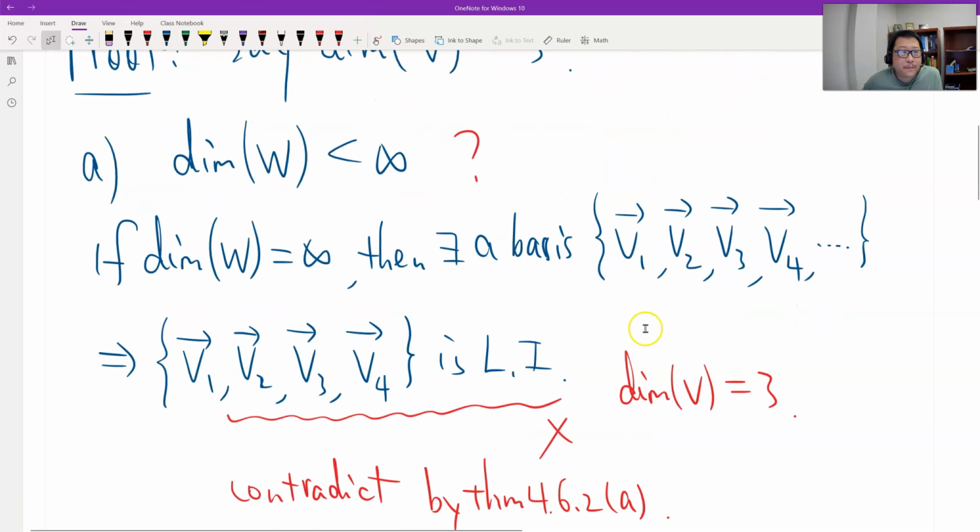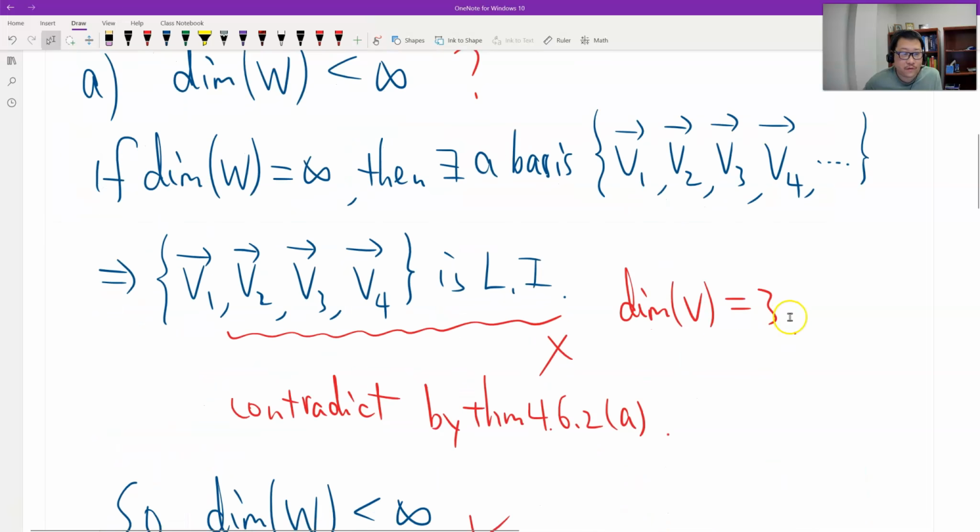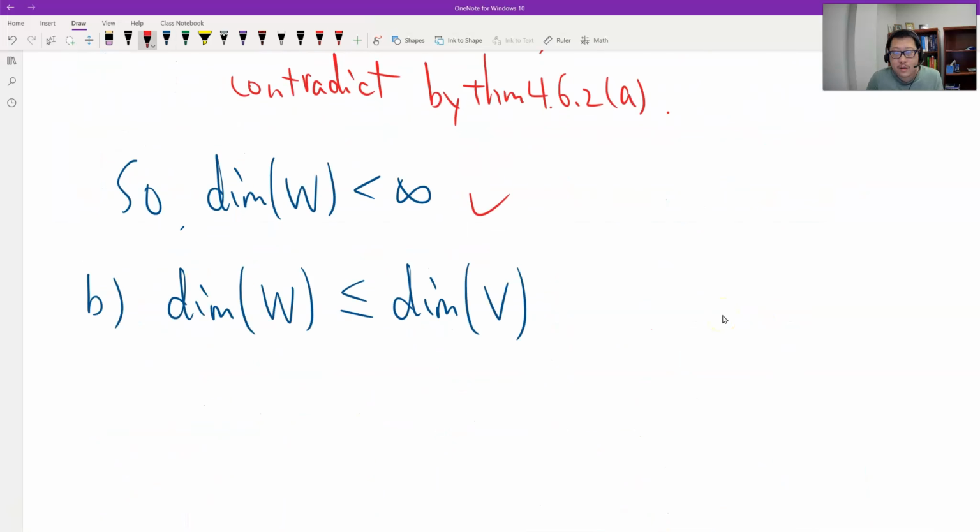That's the first part, and then we look at the second. The dimension of W is no more than the dimension of V. Why? This is similar to the proof in the first part, A. We can use a proof by contradiction.